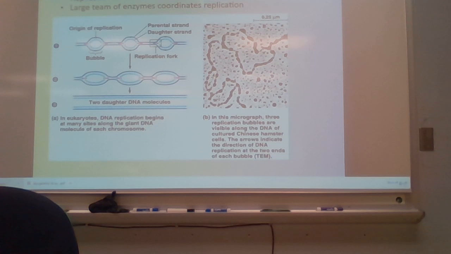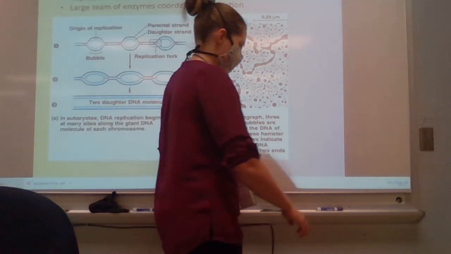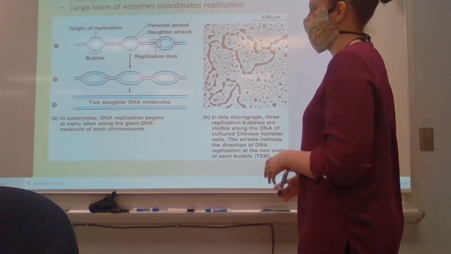There's a really large team of enzymes that we're going to look at that coordinates this process. So one of the objectives today is to be able to list the enzymes in order that they function in DNA replication and match them to their respective jobs. There'll be a lot of enzymes to learn about today and tomorrow.